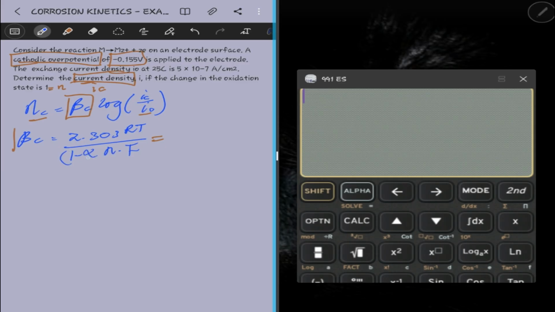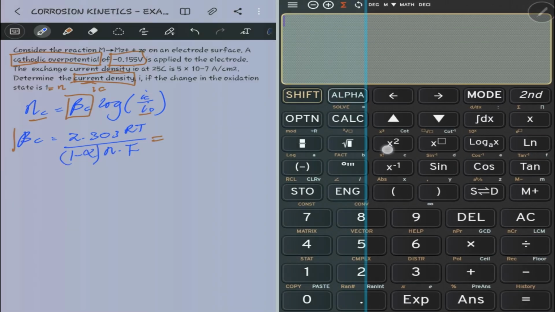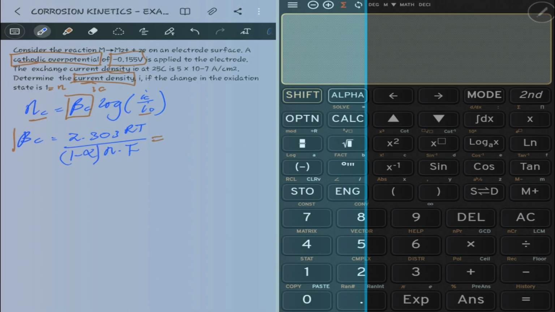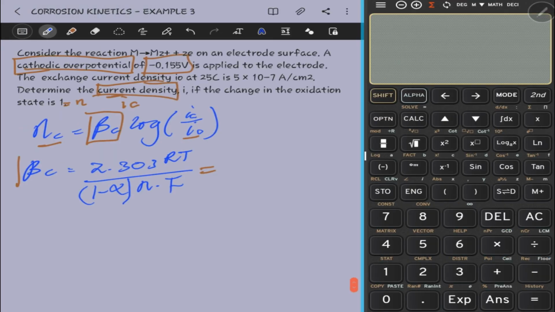We said these are simple reactions, so alpha is 0.5. So we have 2.303, the temperature is 25 degrees Celsius, which is 298 Kelvin, and then the gas constant.